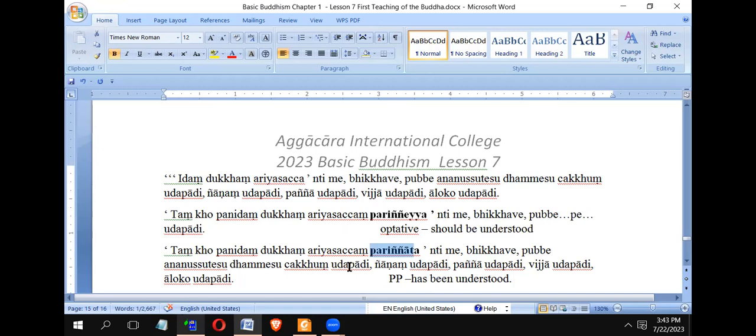So by this statement, the Buddha showed that he already penetrated the first noble truth. He tells himself first that this is the truth, then that he should know this truth, and then that he already understands this truth. So it's very simple. Should know, has known. That's all.